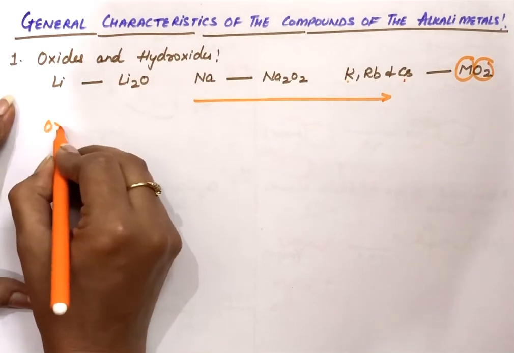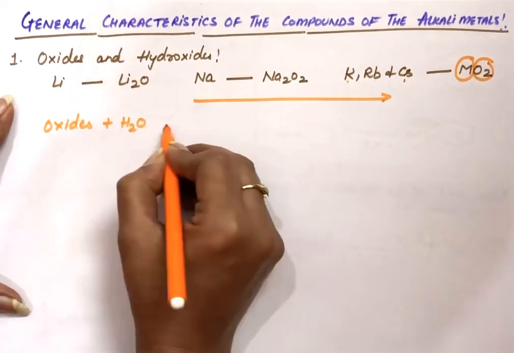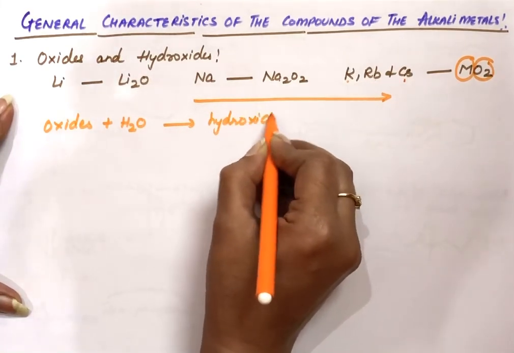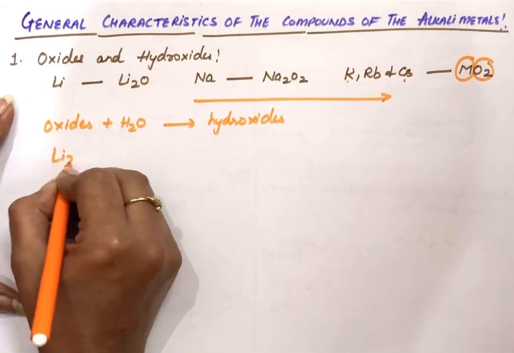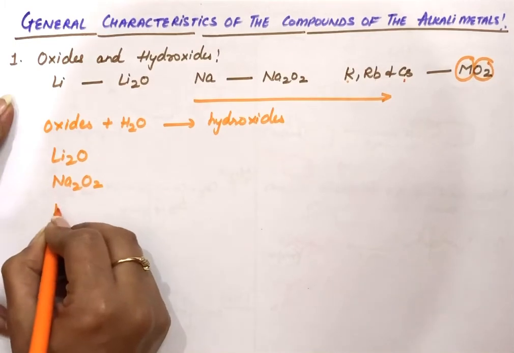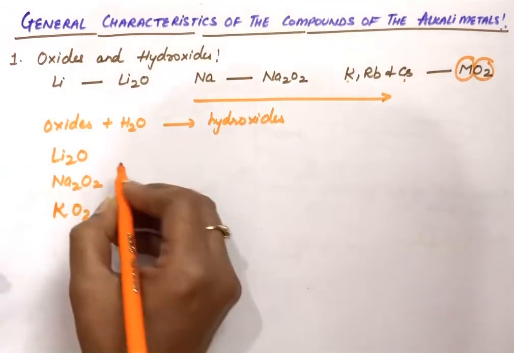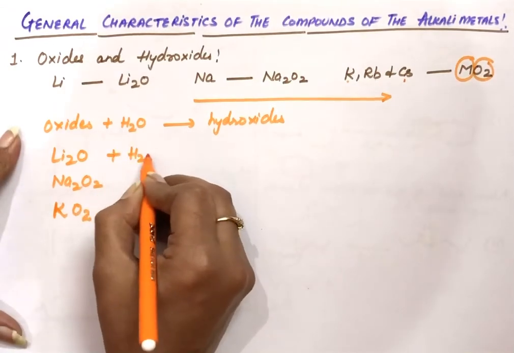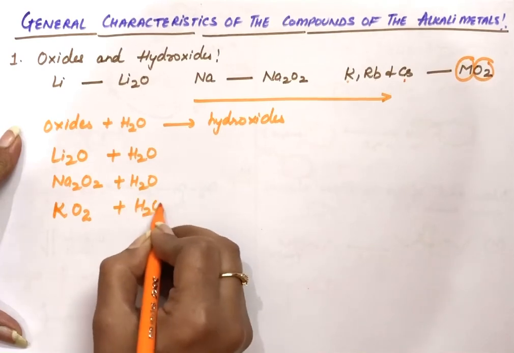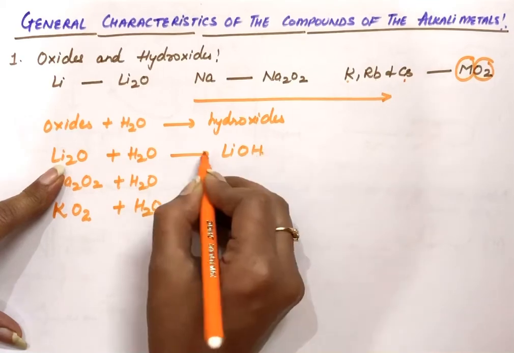And when we add water to these oxides, they hydrolyze and form hydroxides. If I take lithium monoxide, sodium peroxide, and for other alkali metals a superoxide like potassium superoxide, and add water, they form hydroxides. If monoxide is there, we just get hydroxide.